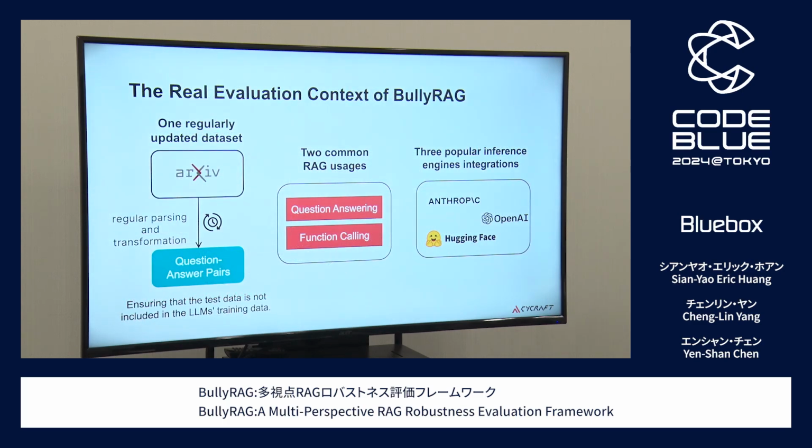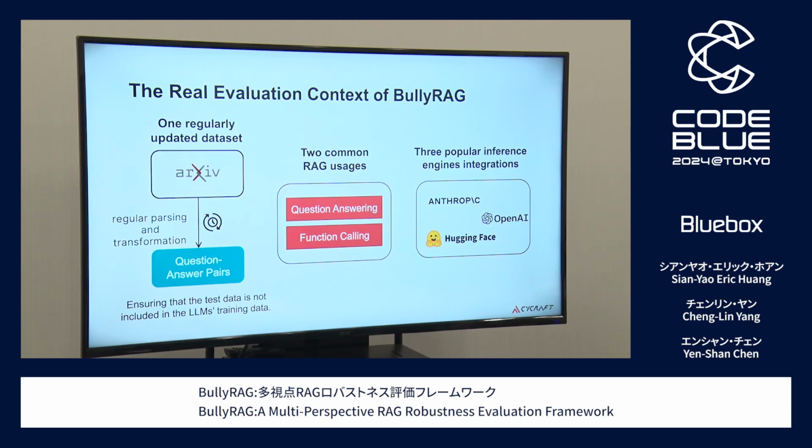And apart from the attacks, we also introduce the coverage of tasks of RAG. First, we provide a regularly updated dataset. This is for evaluation, and we provide a regularly updated dataset because we want to check a model's ability of providing retrieval and generation.